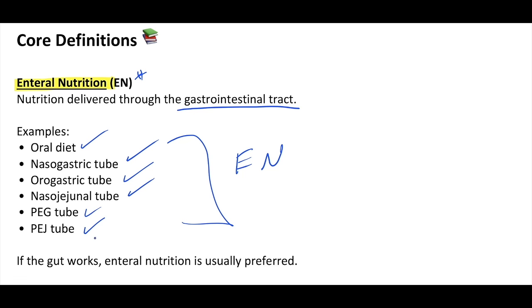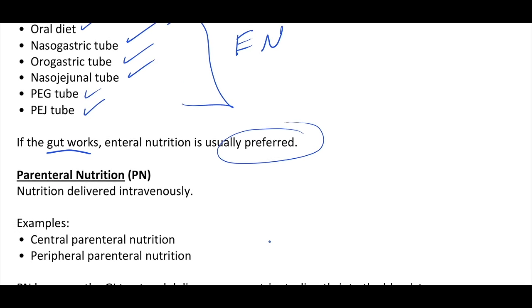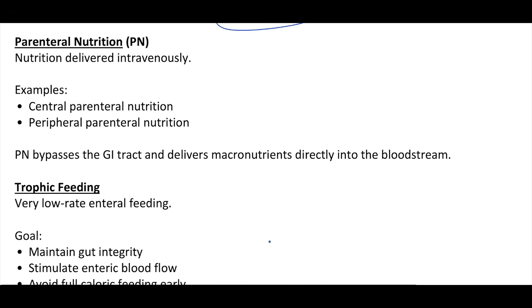If the gut works, if our gastrointestinal tract is working, enteral nutrition in general is usually preferred, and we'll get more into that. The other way you can supply nutrition is parenteral. This is nutrition delivered directly to the venous system, right? This can be parenteral nutrition through a central vein, parenteral nutrition through a peripheral vein.